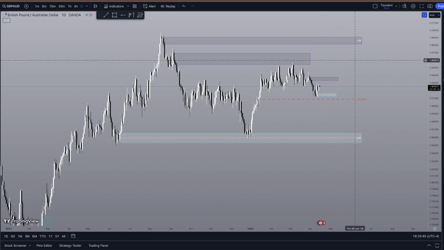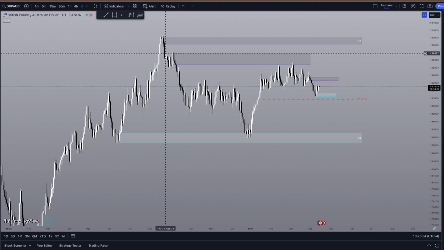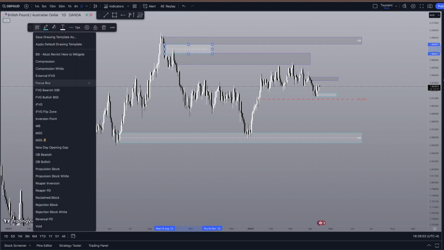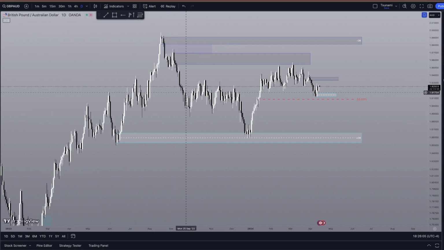Then we should get a travel back up into the premium, and possibly smash all of this before we visit all of this displacement here, which is untriggered orders all up in here, in the form of what they call the bearish fair value zone.